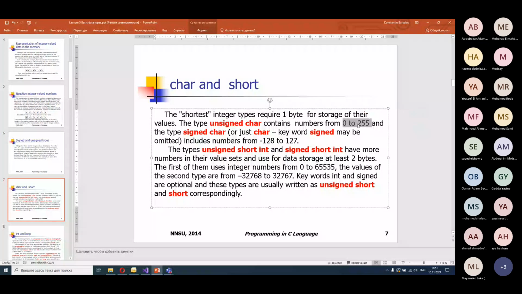Signed char or just char has a range of representation from minus 128.